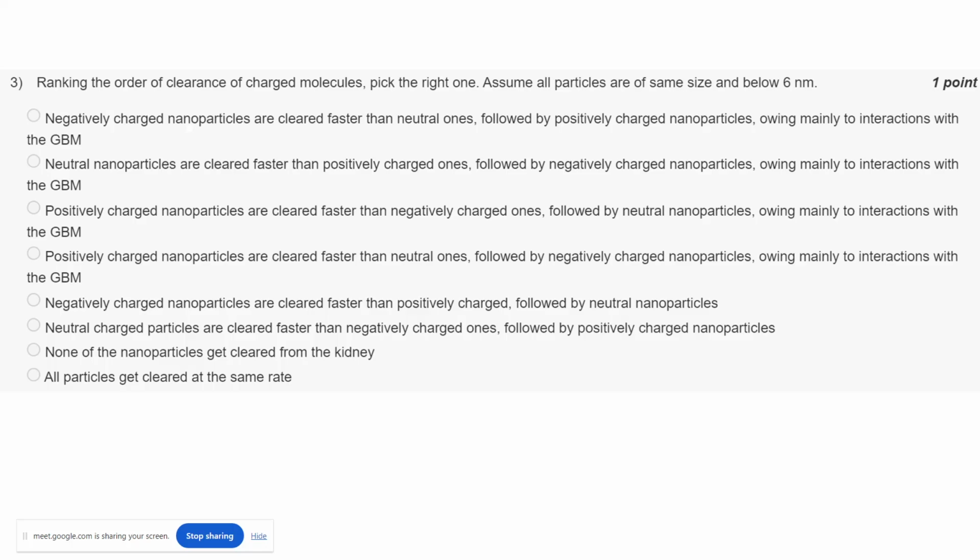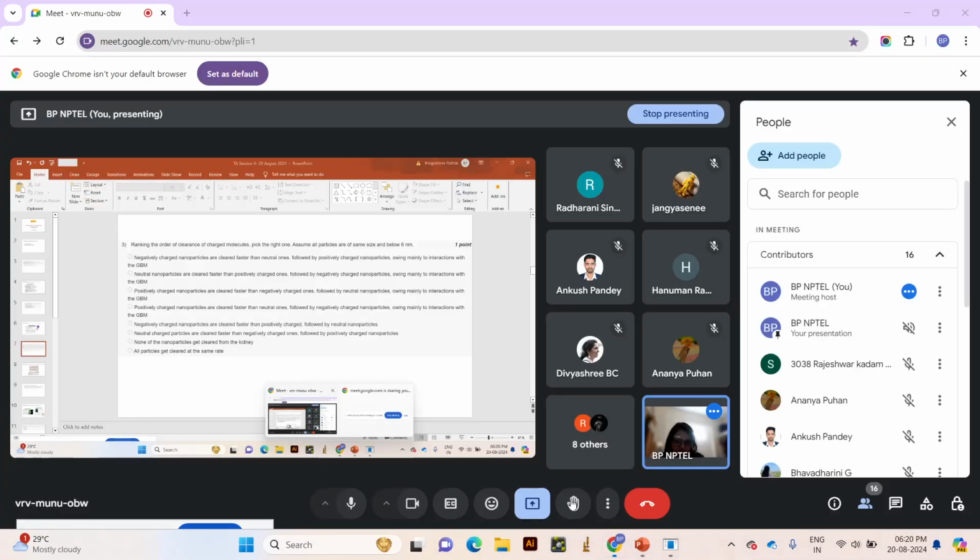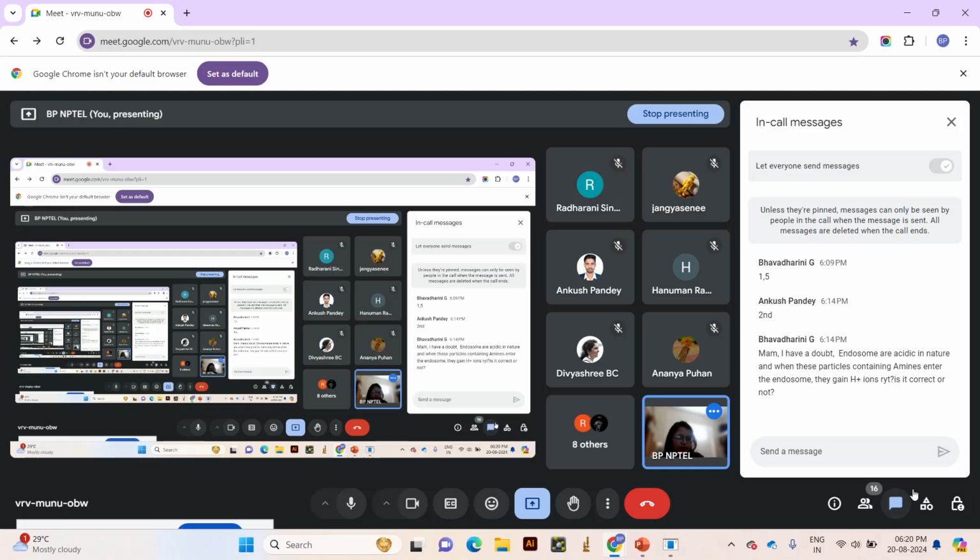Ranking. So here is the third question: ranking the order of clearance of charged molecules. Someone has asked a question that endosomes are acidic in nature, and when these particles containing amines enter the endosome, they gain H plus ions.